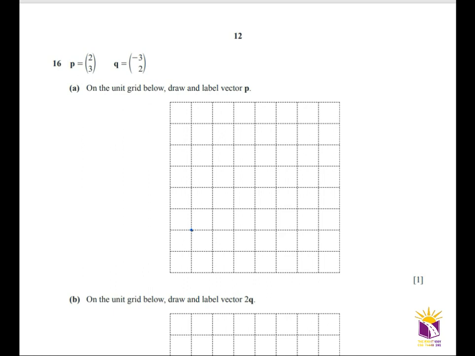So its tail would be over here, 2 along the x-axis and 3 along the y-axis. Now I am going to join these 2 points, and this is my vector showing its direction, 2 along the x-axis and 3 along the y-axis.